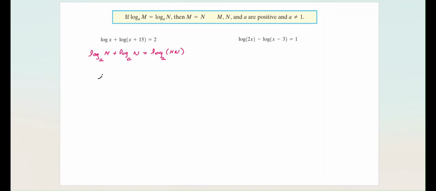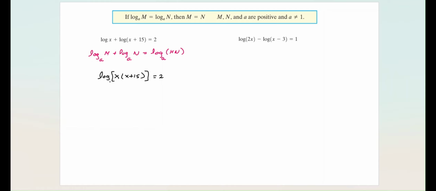So we say that this is log of x times x plus 15, and this is equal to, I will just multiply this x times x plus 15 using the distributive property.